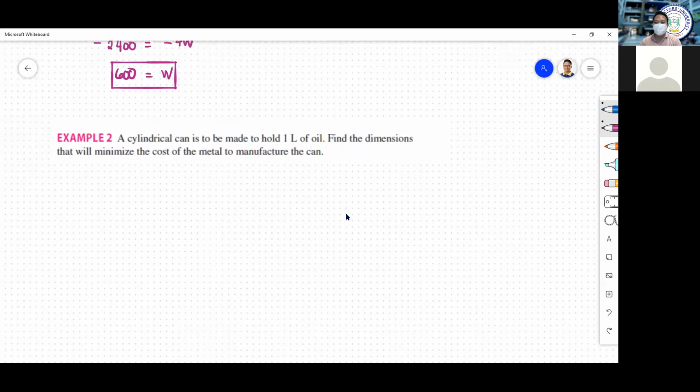A cylindrical can is to be made to hold 1 liter of oil. Find the dimensions that will minimize the cost of the metal to manufacture the can.